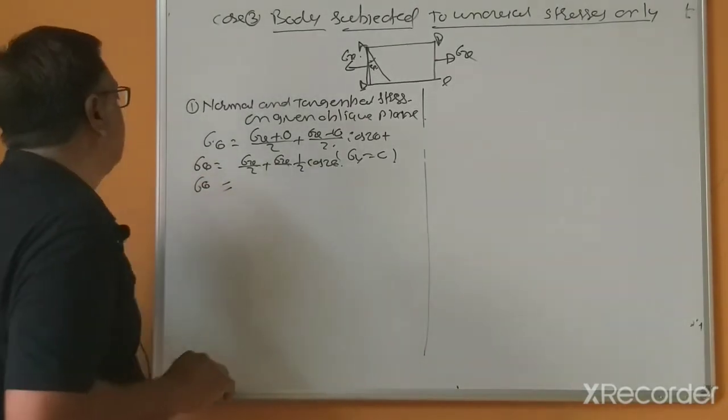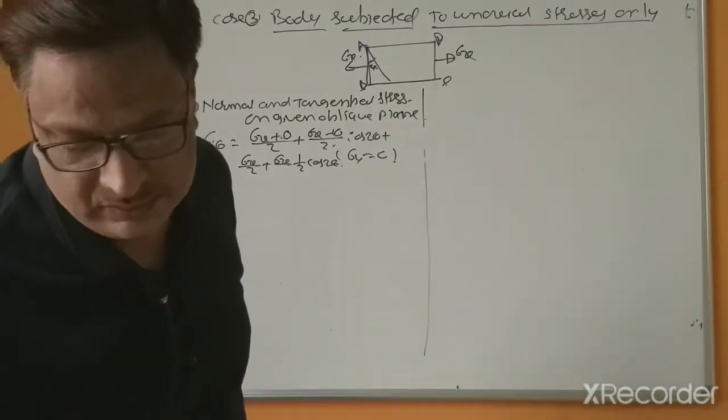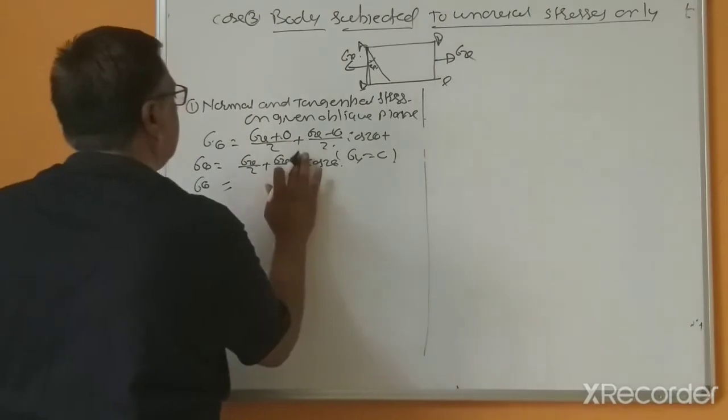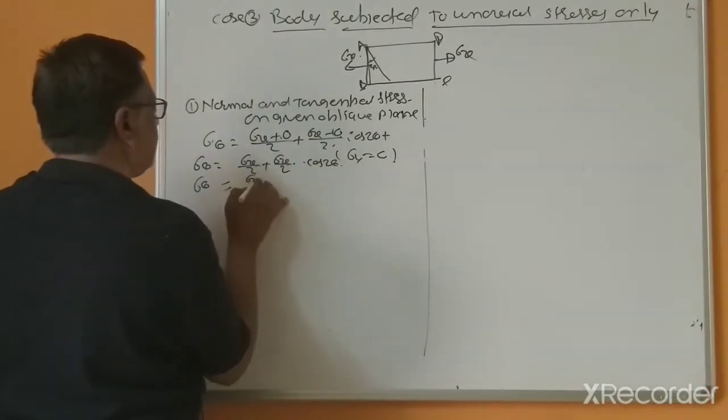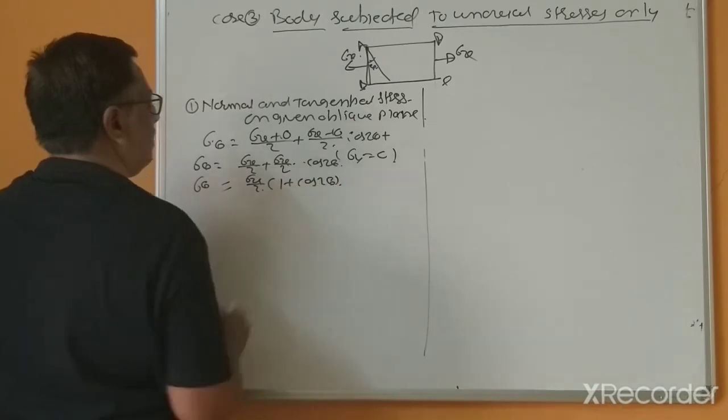So sigma theta equal to, we can take this common, sigma x divided by 2 into 1 plus cos 2 theta.